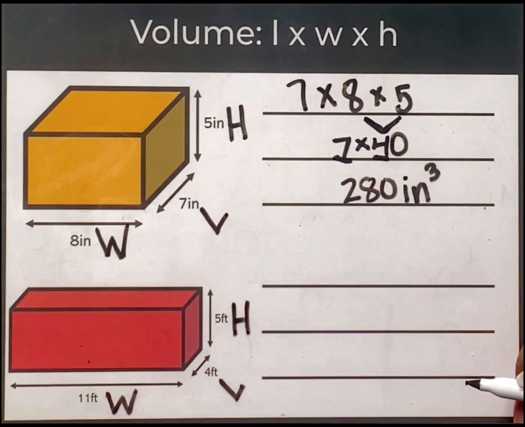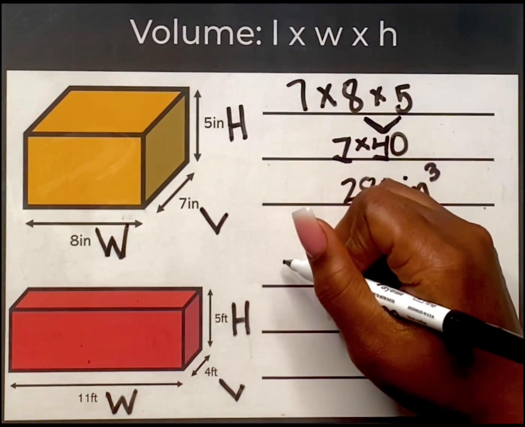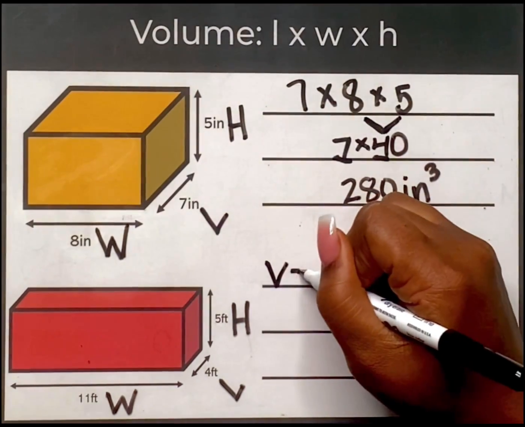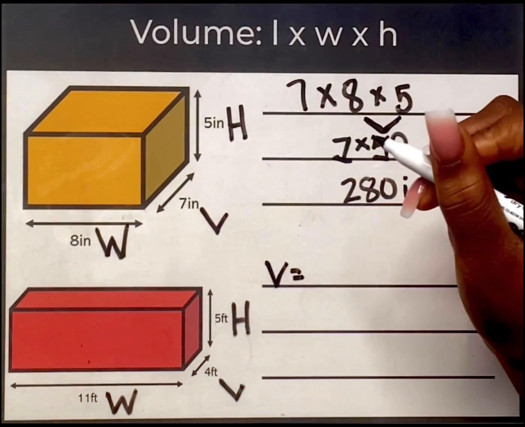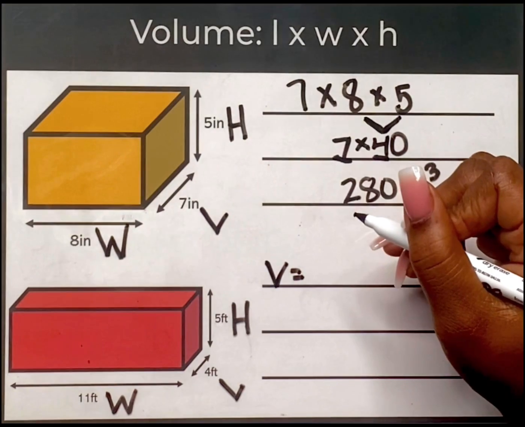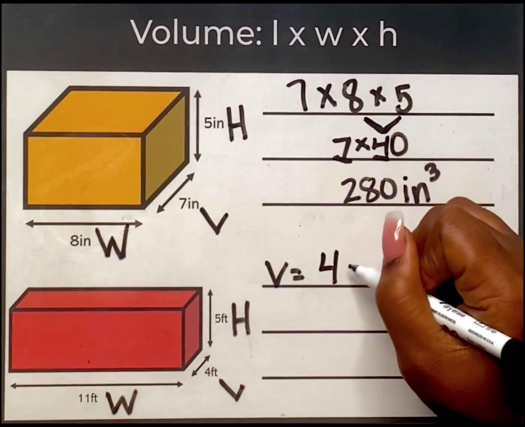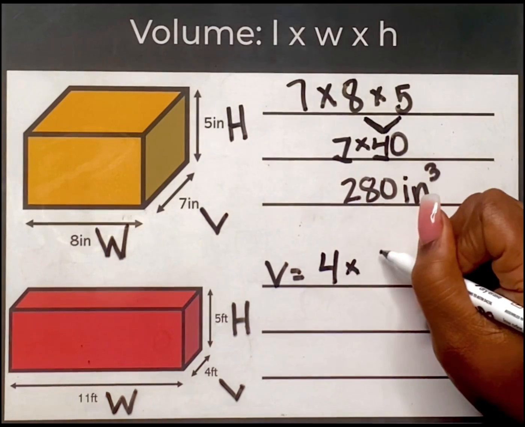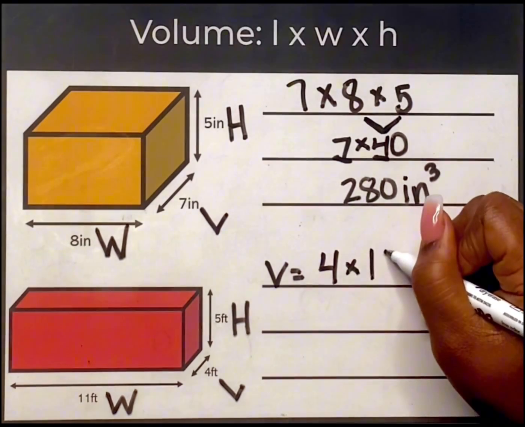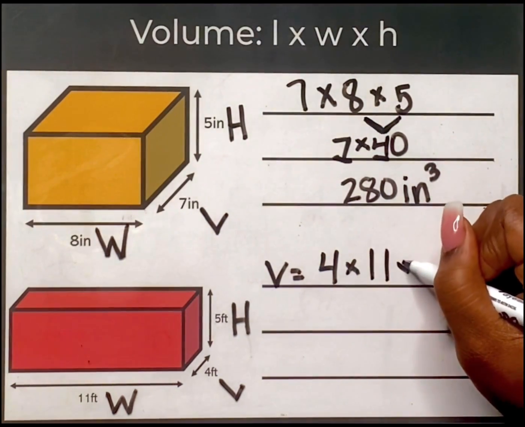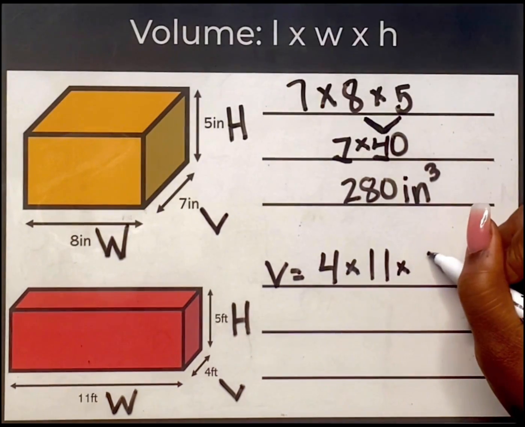Then we're going to plug each dimension into our volume equation. V equals, for length, we have 4. For width, we have 11. For height, we have 5.